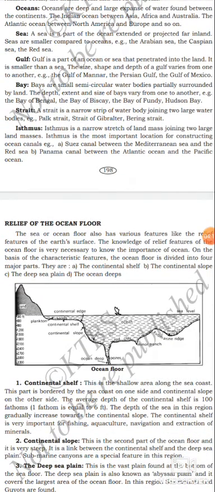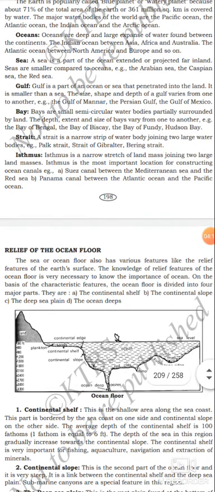Let's see now. Bay. Bays are small, semicircular water bodies, partially surrounded by land.